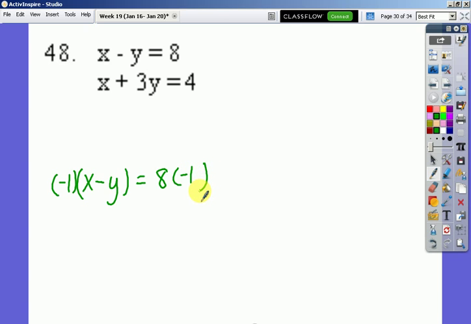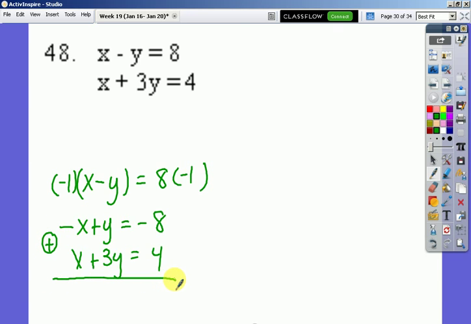So now I'm dealing with negative x plus y equals negative 8. Then I have x plus 3y on the bottom equals 4. All I'm going to do now is add. With elimination, we just add. Straight down. Negative x and x, that eliminates. That's what we want. Y and 3y make 4y. Negative 8 and 4 make negative 4.